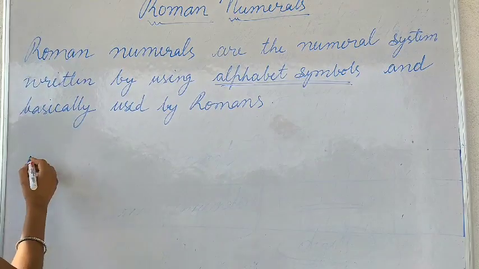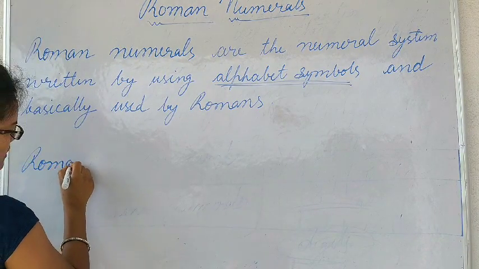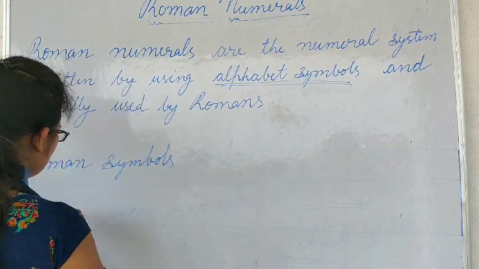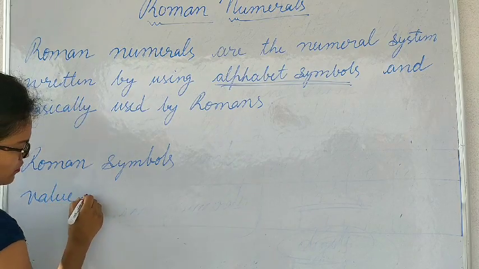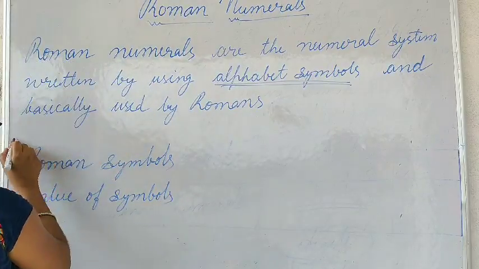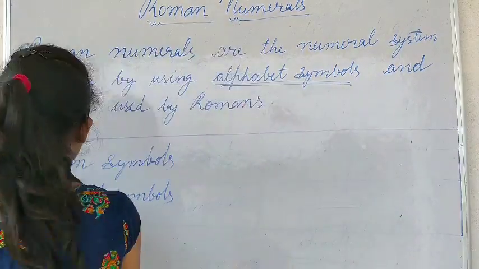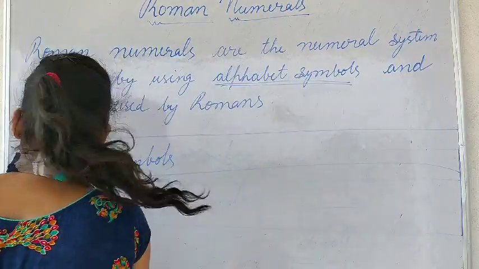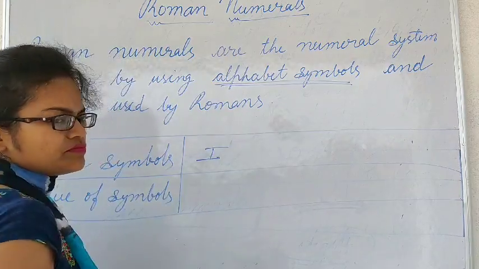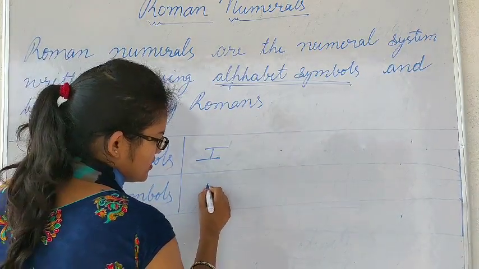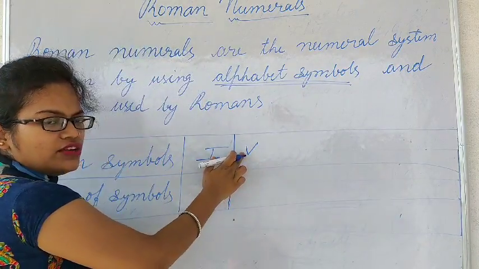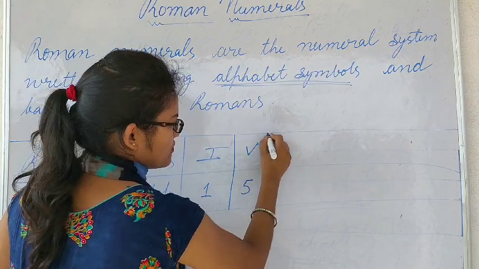So what are these basic Roman symbols and what are the values of these symbols? First symbol is I and the value of this symbol is 1. Second is V and the value is 5.